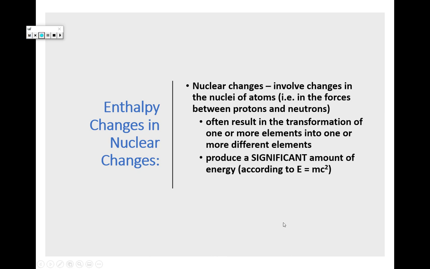If you look at Einstein's theory of relativity, he says that in a nuclear change, mass times the speed of light squared, you're converting mass into energy, which is an incredible amount. Can blow up cities, can kill tumors, etc. Huge amounts of energy.